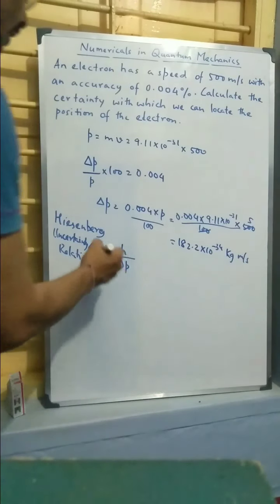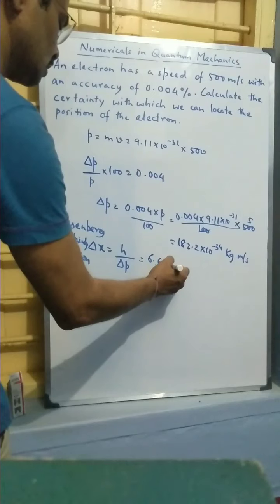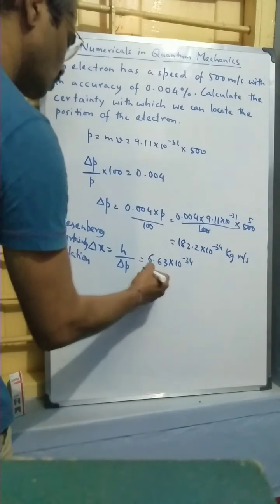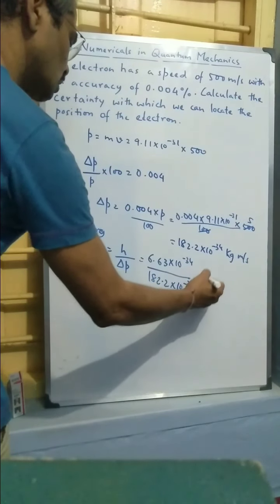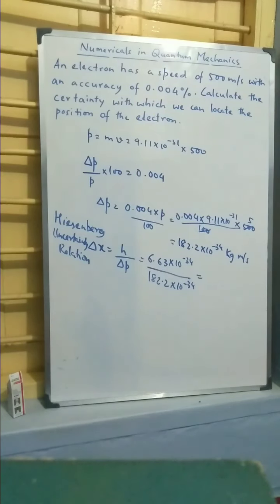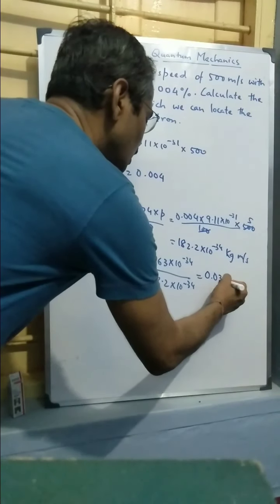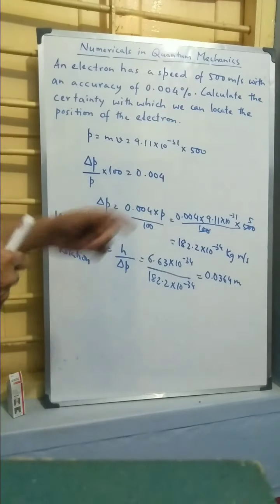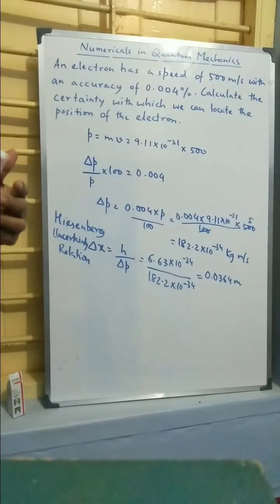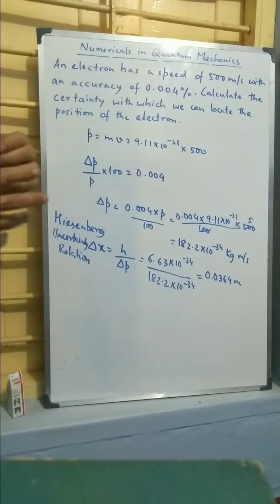So that gives us 6.63 times 10 to the minus 34 divided by 182.2 times 10 to the minus 34, which turns out to be around 0.0364 meter. So that's a very straightforward problem. You can determine the position with an accuracy of the order of 3.64 centimeter, and that's the answer.